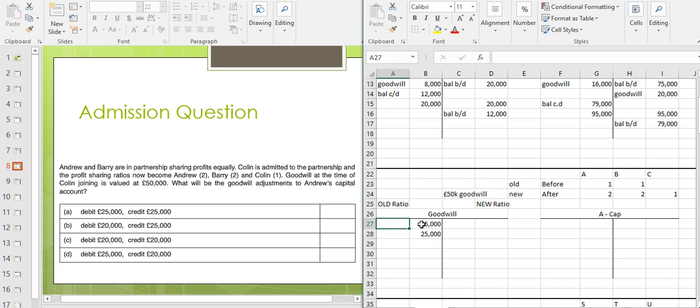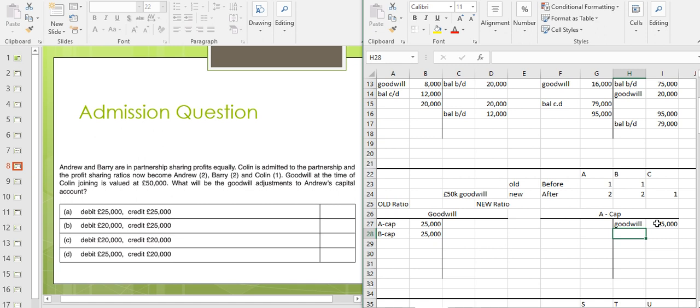Okay, and that is going to go to the old partners, A and B. So A's capital and Barry's capital. So we have debit entries there. Obviously we're looking at A's capital only, so we have a debit and a credit, and that has come from goodwill, so that's our detail in the account.